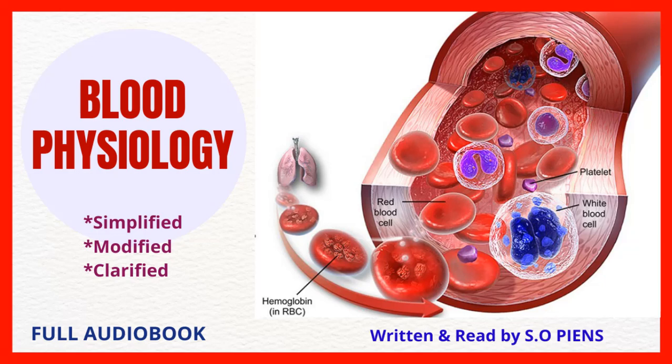Innate immunity is a non-specific form of immunity, and we can look at its mechanisms. We have four major mechanisms: anatomical mechanism, physiological mechanism, phagocytic mechanism, and inflammatory mechanism, which you can acronymize as APPI.